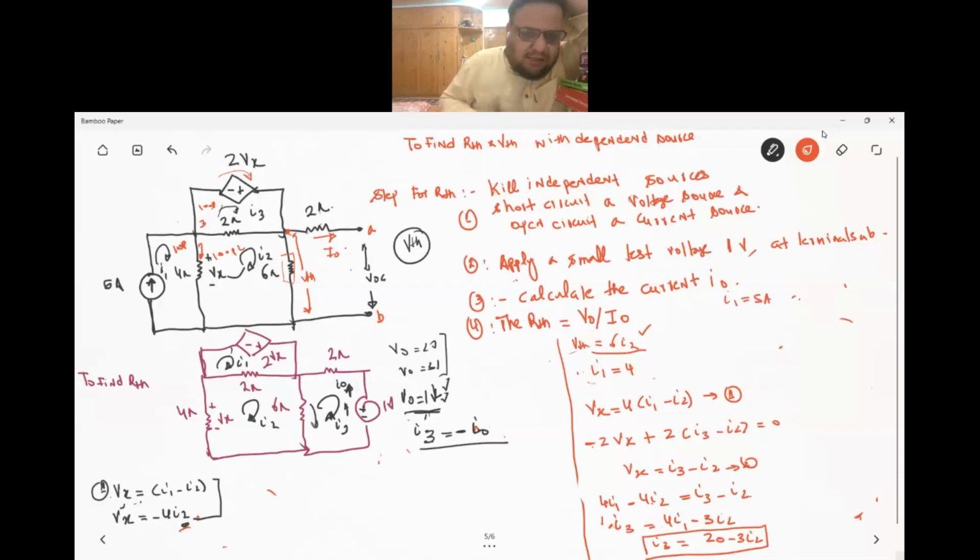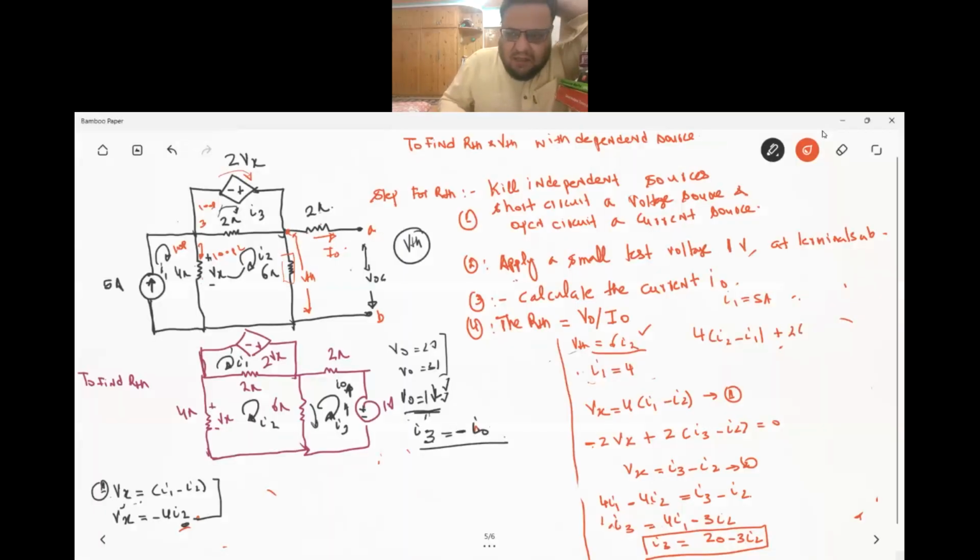Now this I3 I'm going to utilize in the equation that I'm going to write for this loop. I write 4 times I2 minus I1, plus 2 times I2 minus I3, plus 6 times I2 minus 0, because there is 0 current in the other loop.